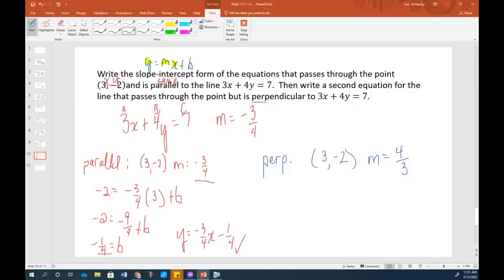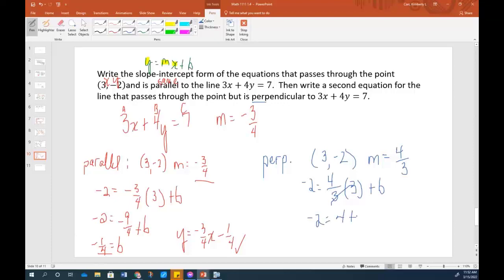Same approach over here at perpendicular. The only difference was that I had to use a slope that was the negative reciprocal. I had to change the sign and flip it over. So again, y equals m times x plus b. Well, now here the 3's handily cancel out. Yay, love that when it happens.